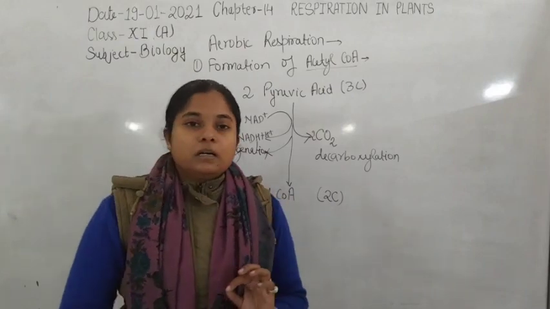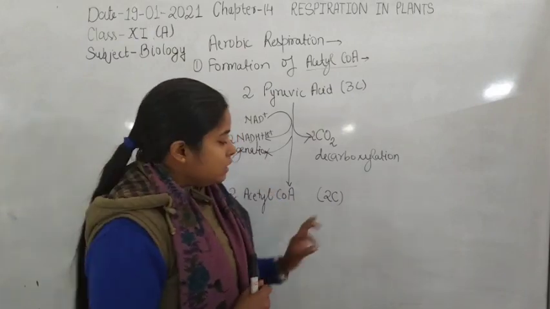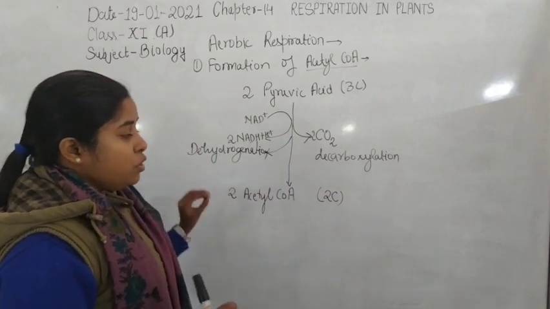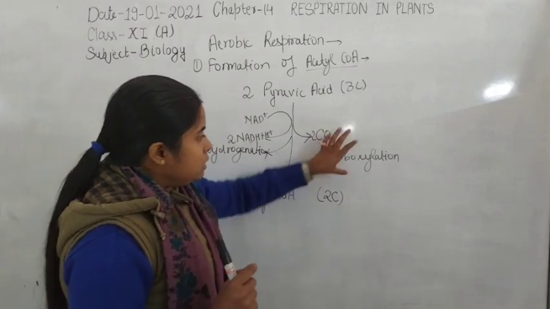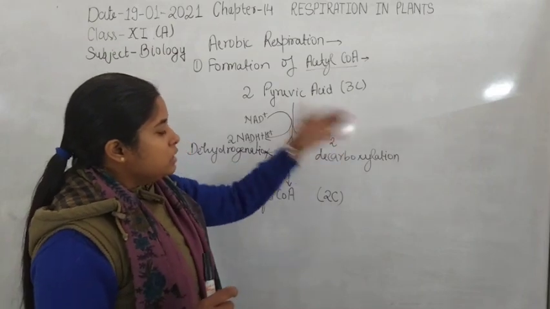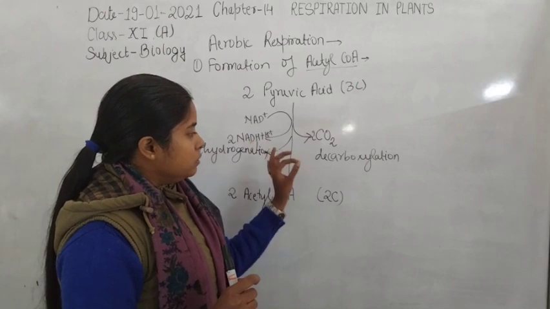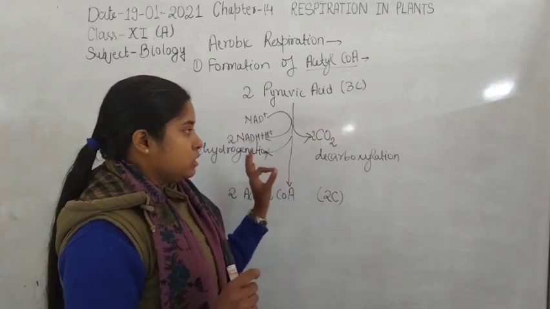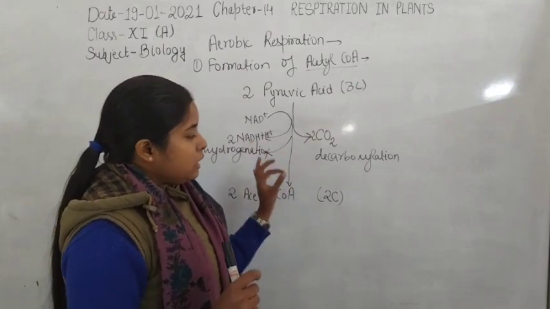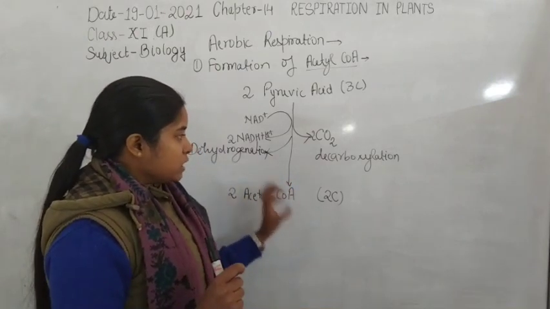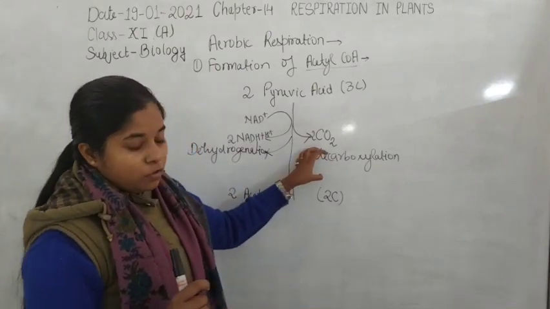Finally the decarboxylation and also dehydrogenation both take place. Now here 2 carbon molecule releases by oxidation by the process of decarboxylation, and the oxidation of carbon molecule takes place in the matrix of the mitochondria.